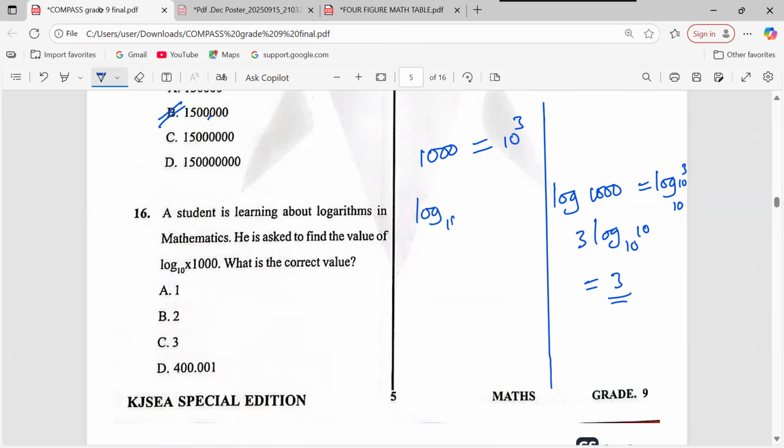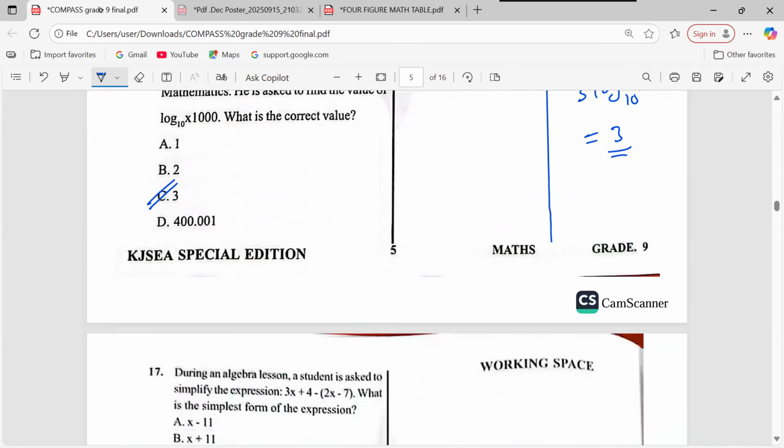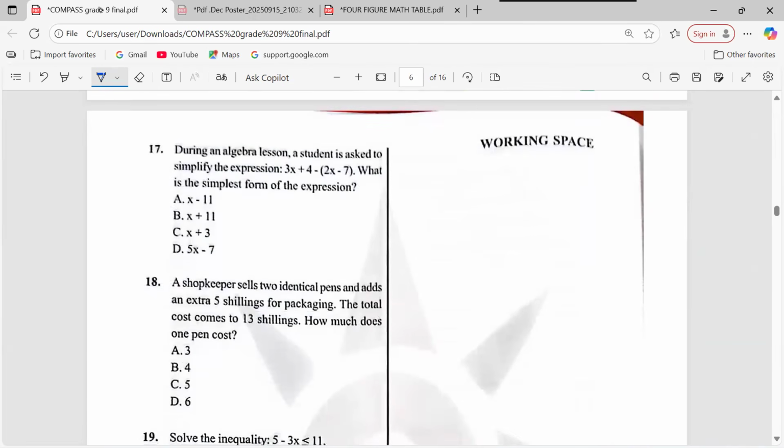Then we're supposed to know that this is log to base 10 of 10 power 3. According to this, we usually say that logarithm is the number to which 10 has been raised. Logarithm is the number to which 10 has been raised, as you can see.